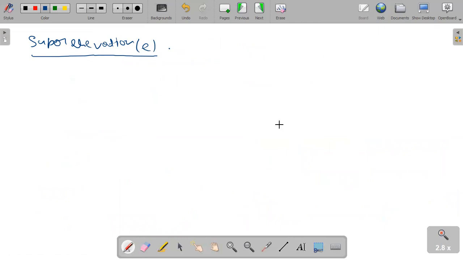Let's draw a diagram for better understanding. Let's say this is the surface, and here is your vehicle, with force W, P, and normal. This is theta.